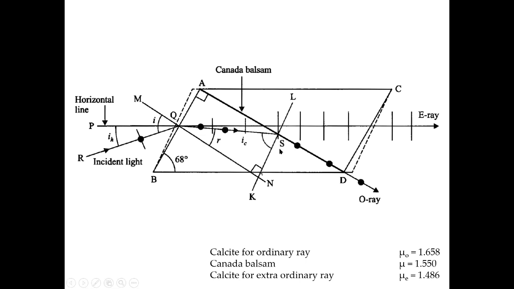At this angle of incidence for the ordinary ray at the Canada balsam interface, the ordinary ray suffers total internal reflection, but the extraordinary ray passes through the prism, because for it Canada balsam is a denser medium and so it cannot suffer TIR. In this way, we get polarized light at the other side of the Nicol prism.